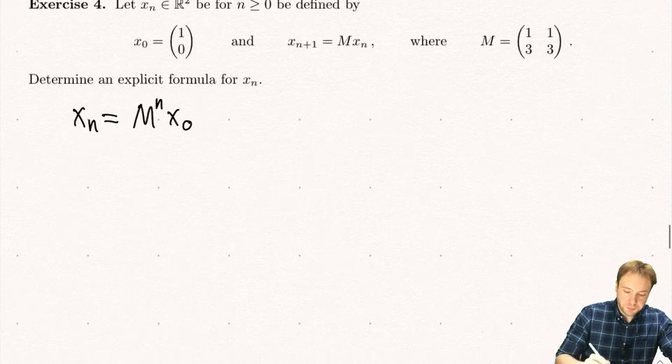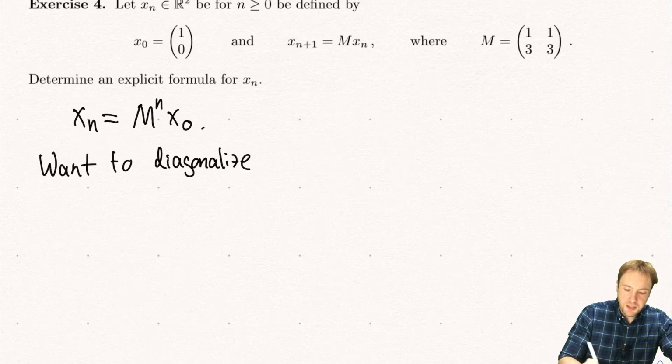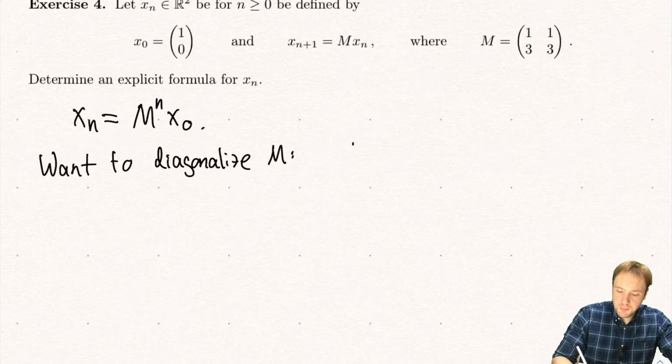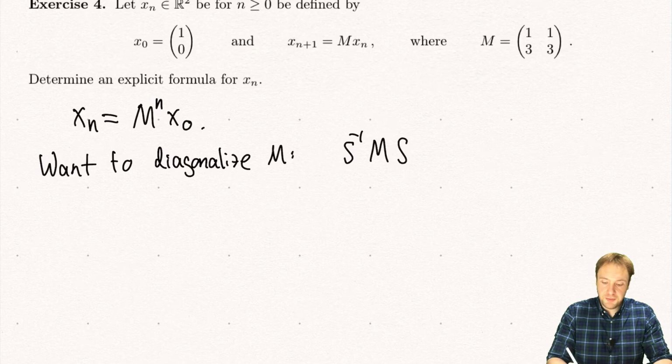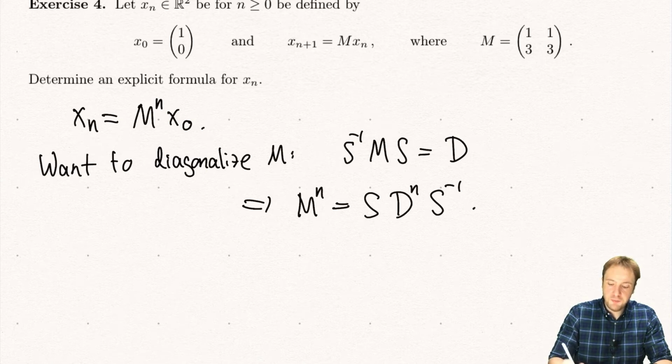So what we want is to diagonalize m. So we want to find a matrix S such that S inverse times M times S equals some diagonal matrix D, because then this m to the power n will be given by S D to the power n S inverse.